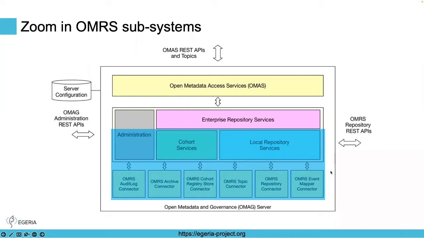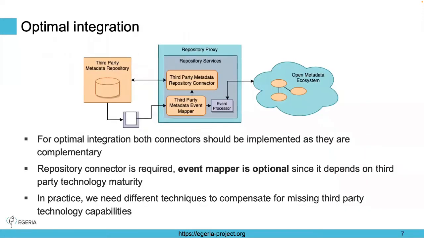It is to allow external technology to share the metadata in a proactive or active way, what we call active integration, by using event mechanisms. When it comes to these components, they can play a different role, and it really depends on the capability of the underlying technology.